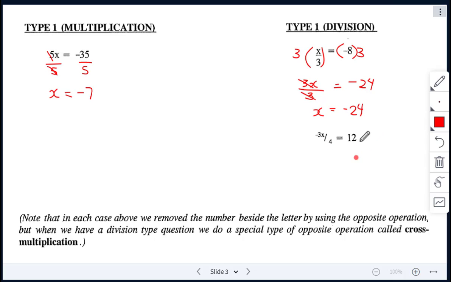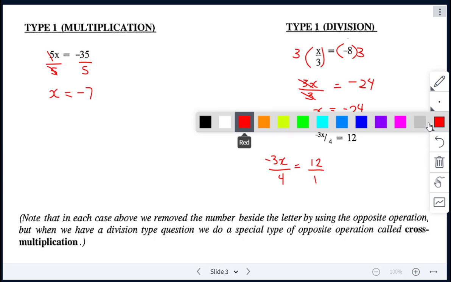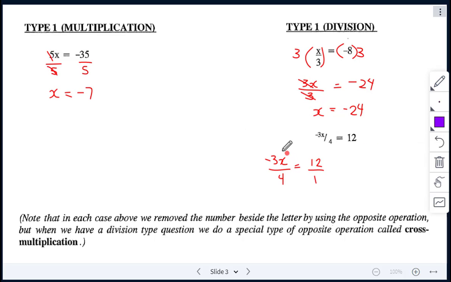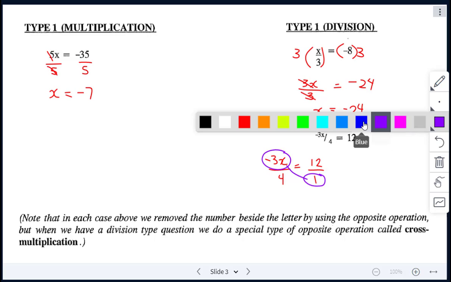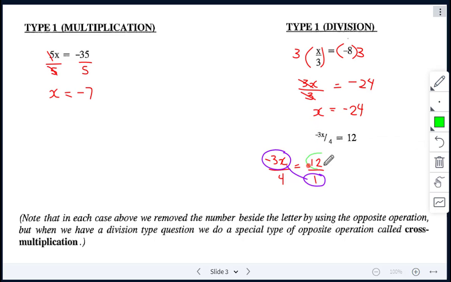All right, there's another one here. We have negative 3x over 4 is equal to 12. And I'll show you this one using the cross multiplication method. So we have negative 3x over 4, and it's equal to 12, and we can say 12 over 1. Just a reminder, when you're doing cross multiplication, you're multiplying these two together, and you're going to multiply these two together.